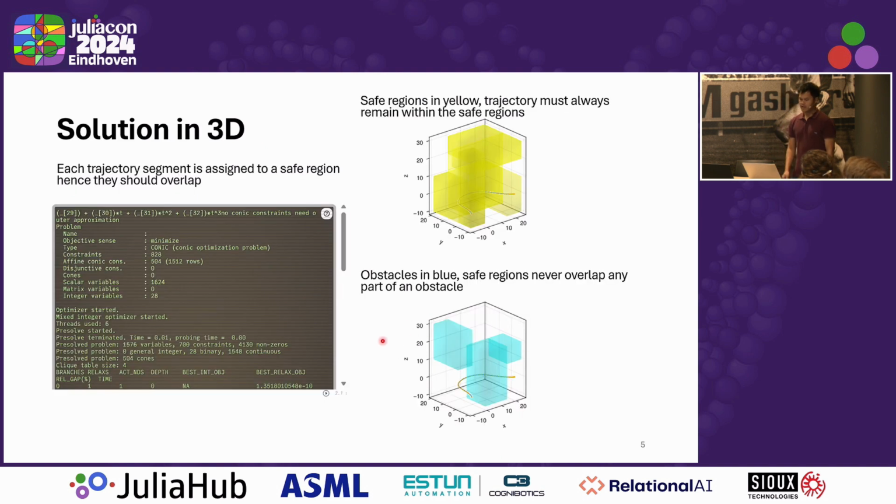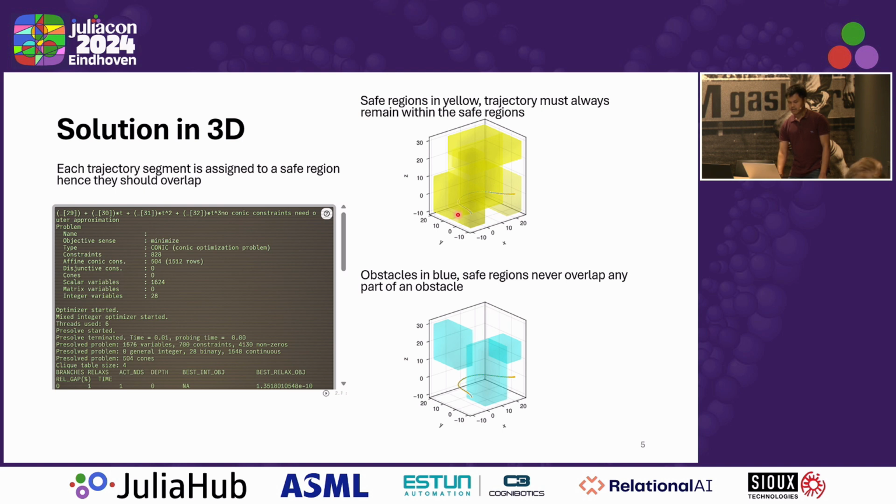In 3D, the extension of this optimization problem is pretty trivial. Using Makie.jl, I've rendered some graphs, and the yellow boxes here are the safe regions, and you can faintly see a trajectory going around the safe region from some starting position to an end position.